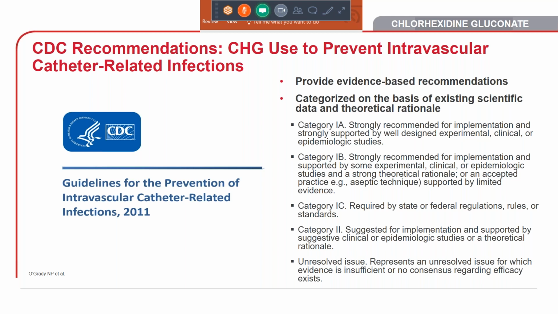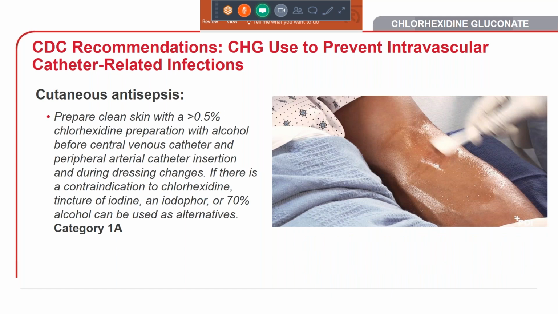And then Category 1B, a slight distinction here, strongly recommended for implementation and supported by some experimental, clinical, or epidemiologic studies, and a strong theoretical rationale, or an accepted practice supported by limited evidence. So we'll talk about each one of the recommendations for chlorhexidine use to prevent intravascular catheter-related infections.